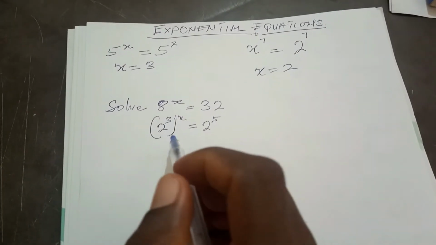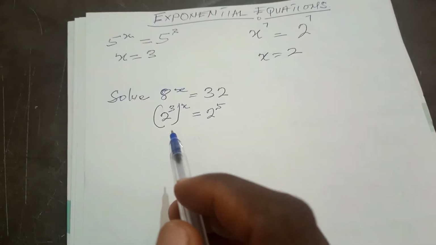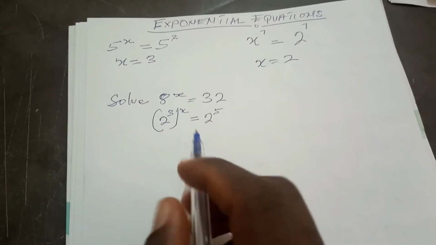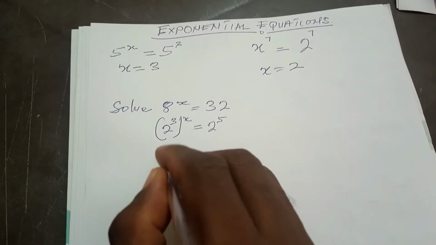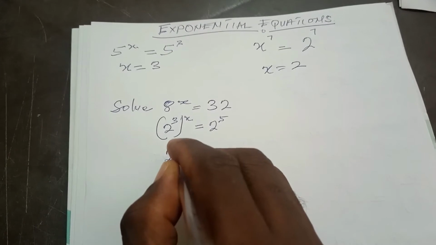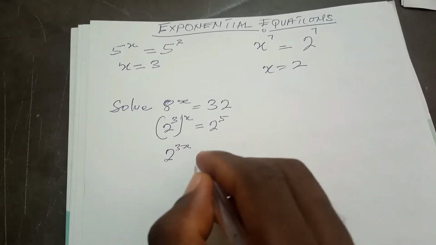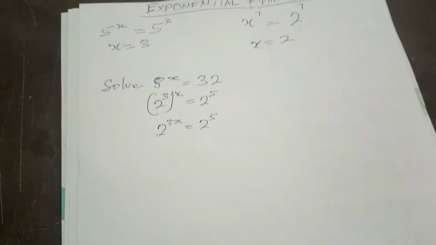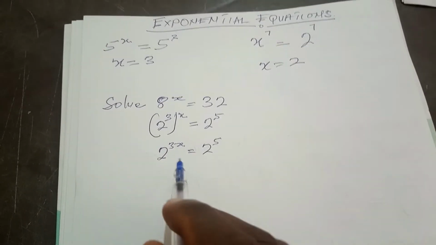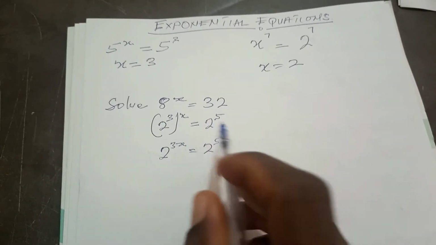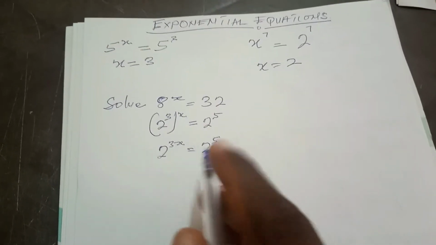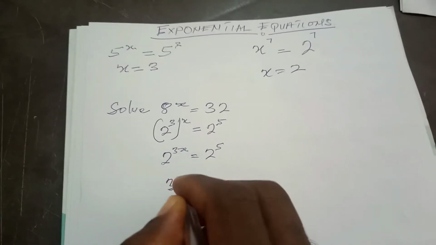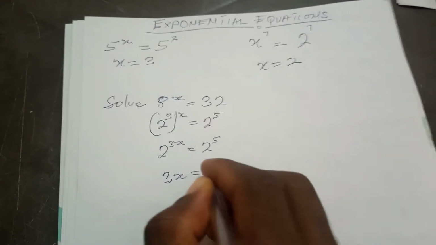Remember, one of the laws we learned is that when the exponents are multiplying, we just multiply them. So this becomes 2 exponent 3x being equal to 2 exponent 5. In this case, since the bases are the same, we just have to equate the exponents before this equation can be true. So this equation will be true when 3x is equal to 5.